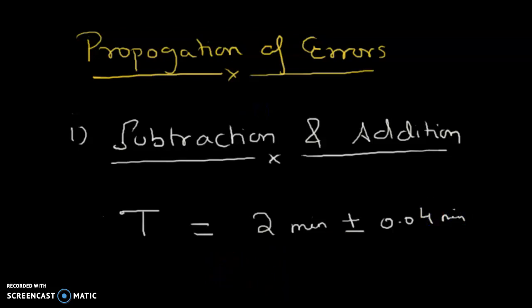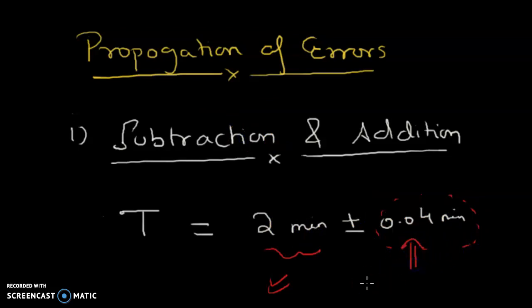Okay, so this part, plus minus 0.04, is actually the error. This is the reading, the measured value, the mean value, and this is the error.